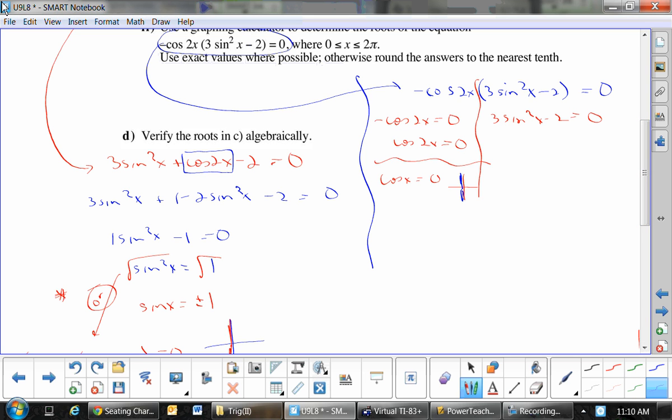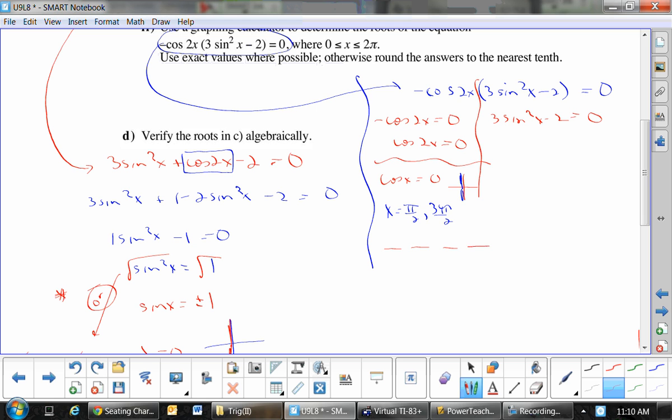Pi over 2 and 3 pi over 2. Now cos 2x, a horizontal stretch by 1/2. So if we take this graph, and we do a horizontal stretch by 1/2, first of all, how many answers will I have? I'll have 4 answers.